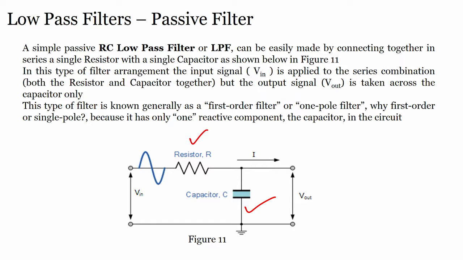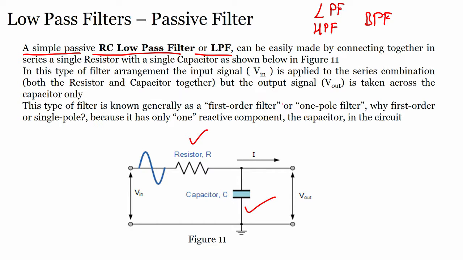So a simple passive RC low pass filter, or people also write LPF. For low pass filter they write LPF, for high pass filter HPF, for band pass filter BPF.